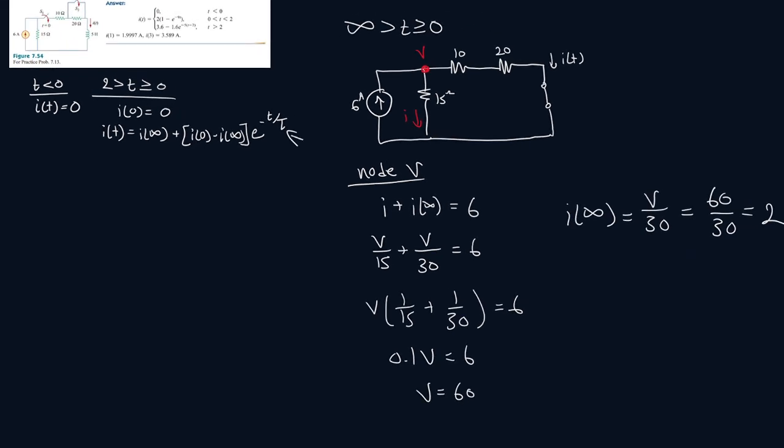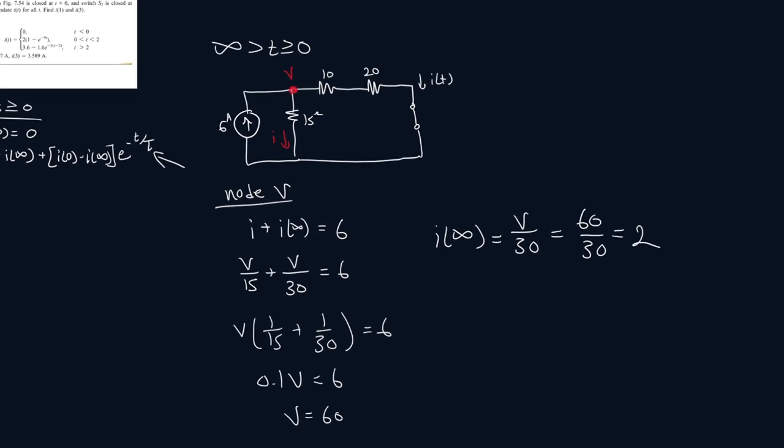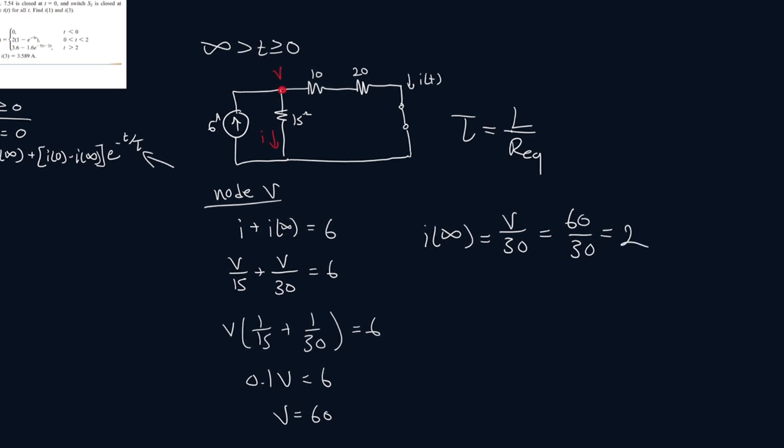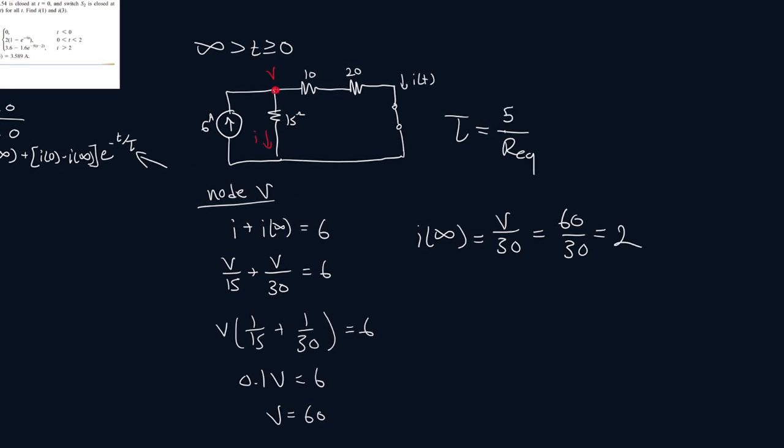The last thing we need is the time constant. The time constant is equal to the inductance over the equivalent resistance. We know the inductance was 5 henry. To find the equivalent resistance, which is between the terminals of the inductor, we just turn off all independent sources.